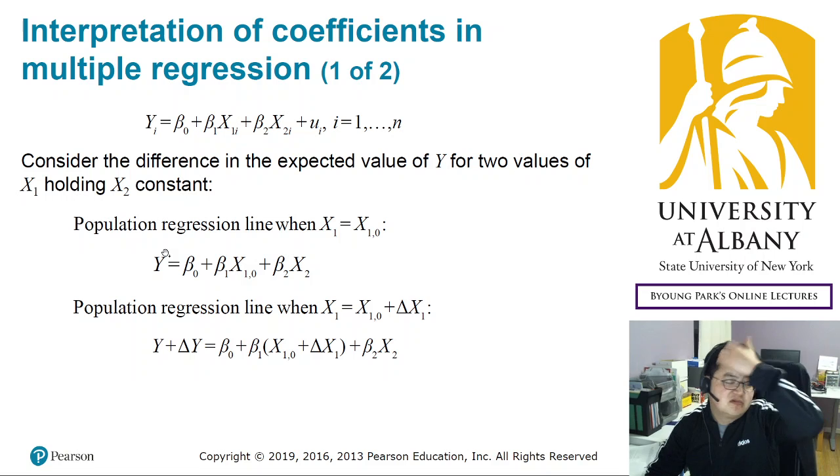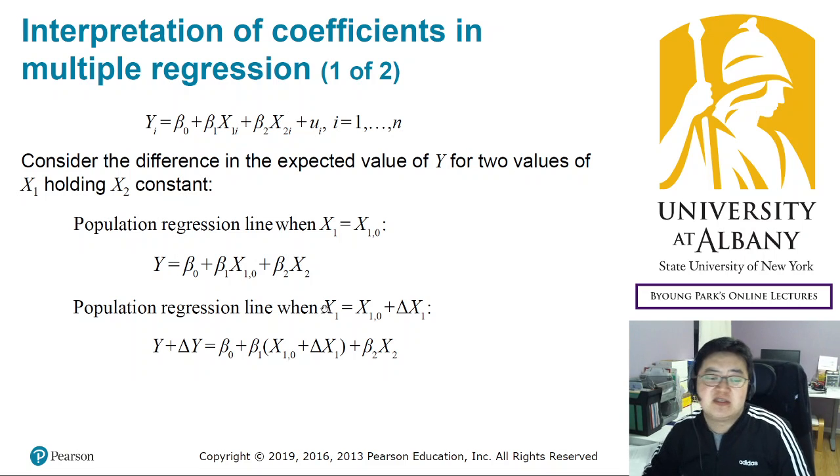And now think about a change. Suppose that your student-to-teacher ratio was 10, but your budget is not enough. So you realize your budget was cut, and you had to increase the student-to-teacher ratio to, say, 11 or 12. So delta x1 is the change in the student-to-teacher ratio.